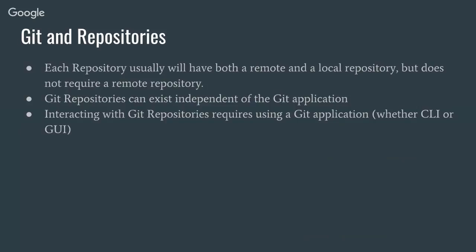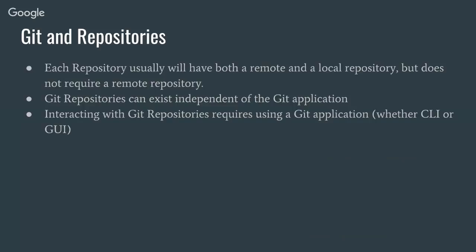Git and repositories, again, this one took me a while to get. I referenced it already: each remote will usually have your local repository and your remote repository. So GitHub and your local machine, Pantheon and your local machine, Acquia Cloud and your local machine. Brandon's probably about to plug Amazee because he does that. Amazee.io and your local machine. Woohoo!